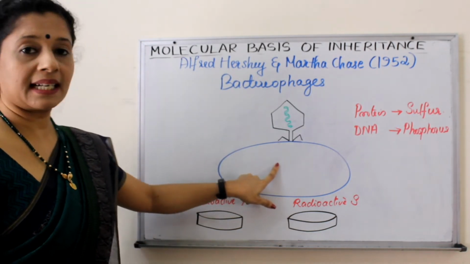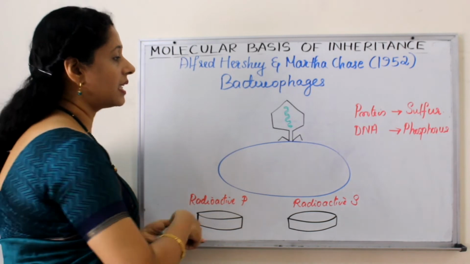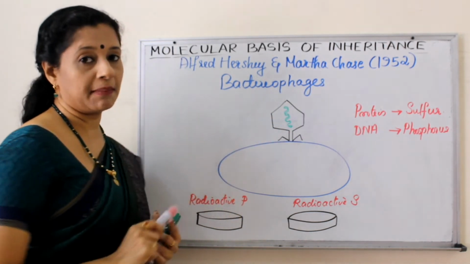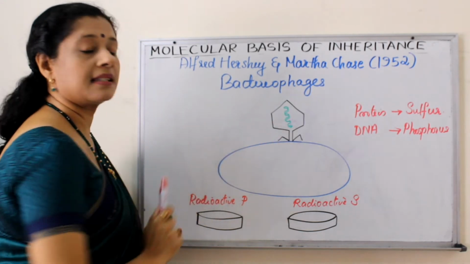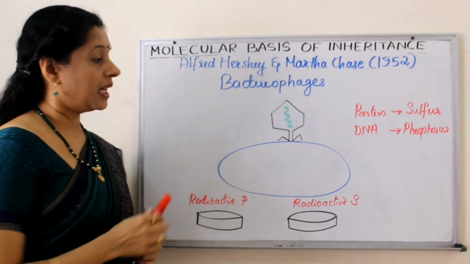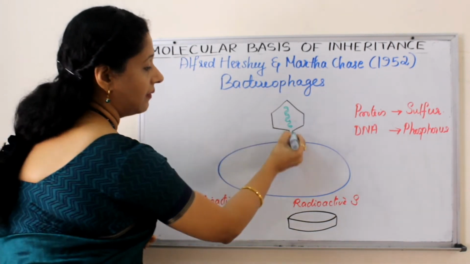The structure of a bacteriophage consists of a protein coat and, within that, the genetic material, which is DNA. When they infect a bacterium, their protein coat cannot go inside, only the DNA is sent inside.